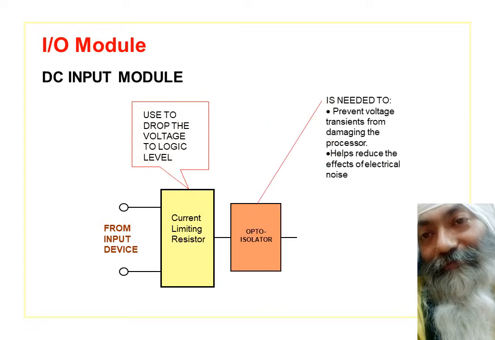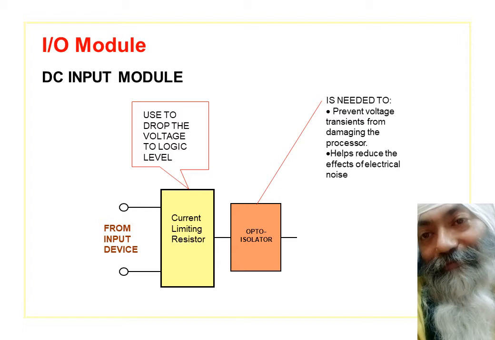This goes to the opto-isolator, and this opto-isolator is needed to prevent any kind of voltage transient from damaging the process. At the most, this opto-isolator itself will get damaged. Like a fuse, it will just burn itself at the most, but it will not allow a high voltage spike to move from the input device to the processor.